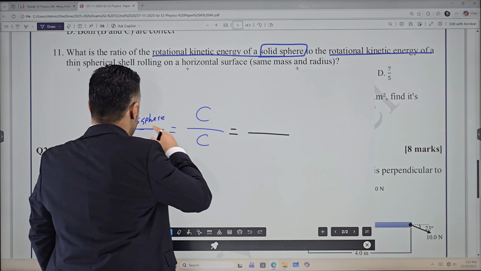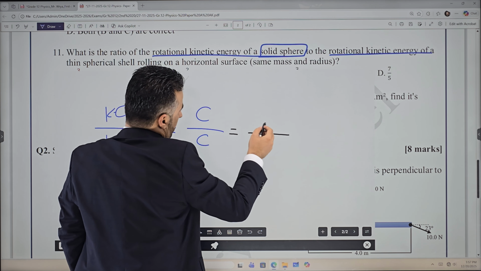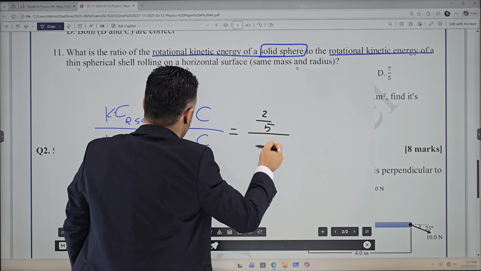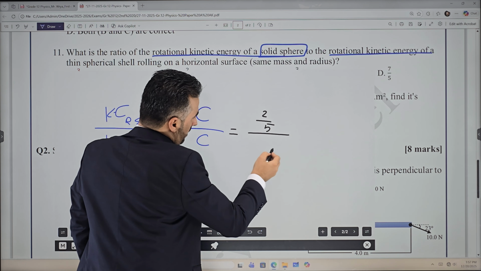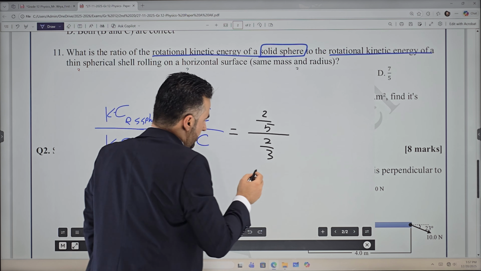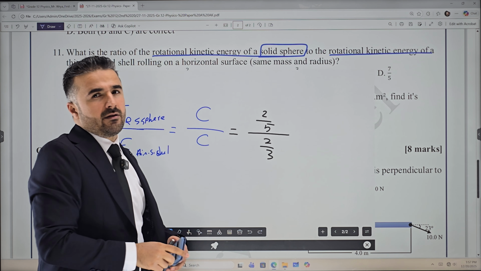So for C, for a solid sphere, it is going to equal to what? It is equal to 2/5, right? What about for a thin spherical shell? It is 2/3. All right, now, of course, you could simplify this one here, or just, as a matter of fact, don't bother, just use a calculator. But at the end, you have to convert this one to a ratio.